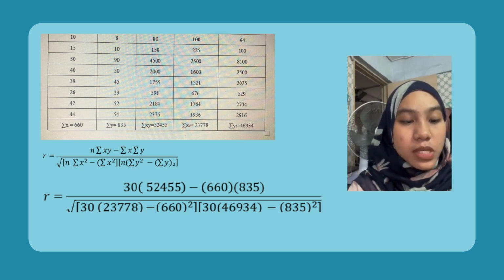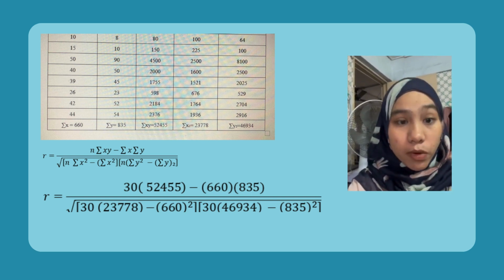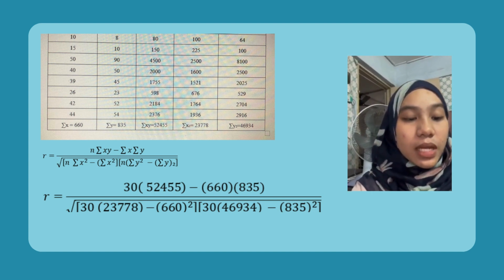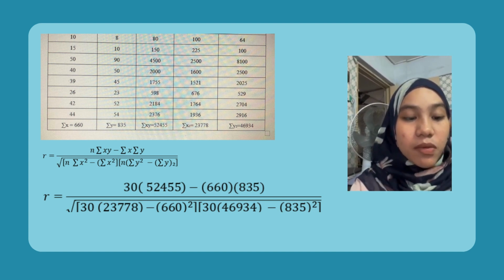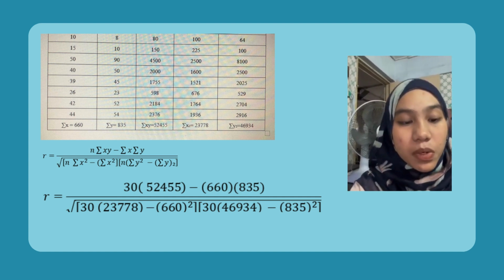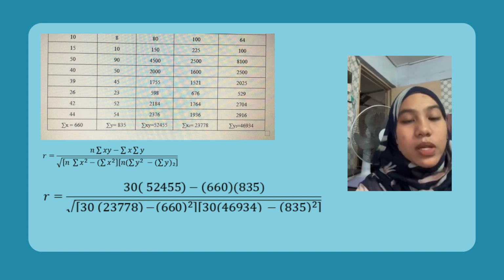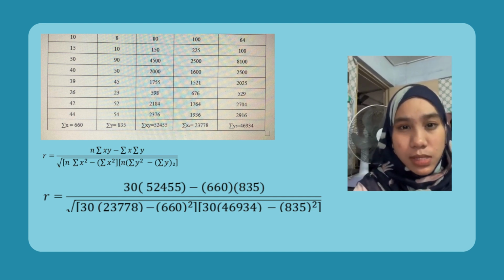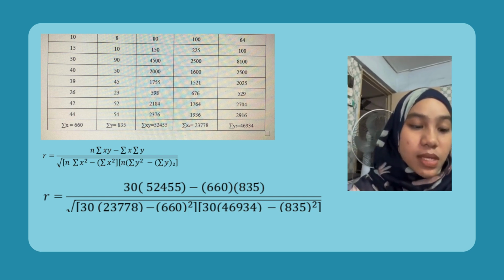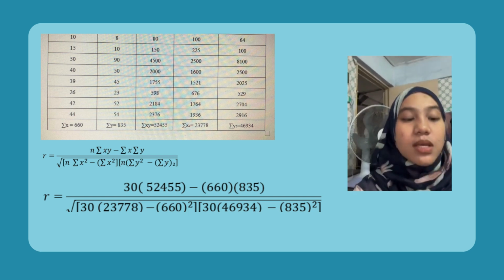Okay, for example, r, the product moment correlation, equals 13, which is n, the sample, in parenthesis 52,455, also in parenthesis, and then subtract the parenthesis 660 in parenthesis and parenthesis again 835.